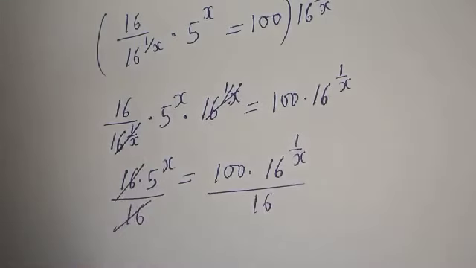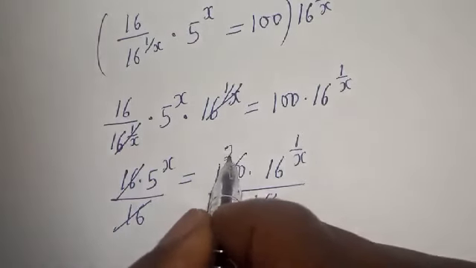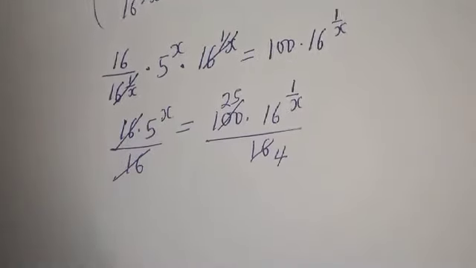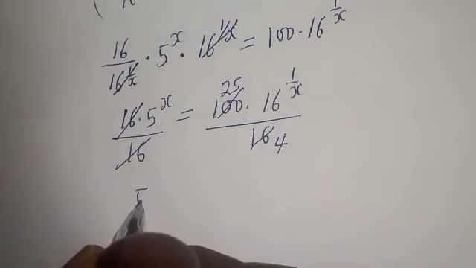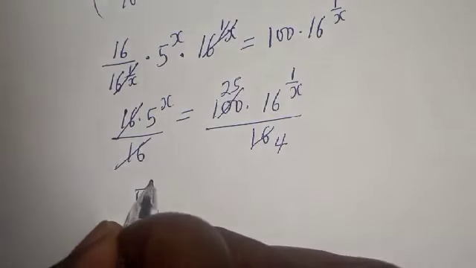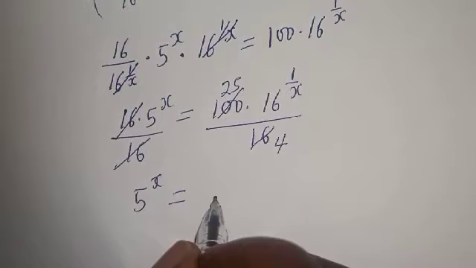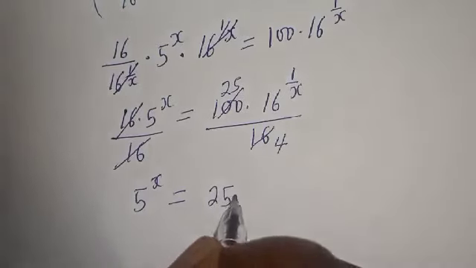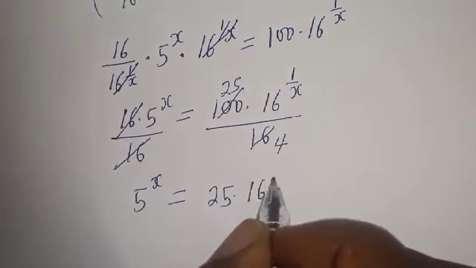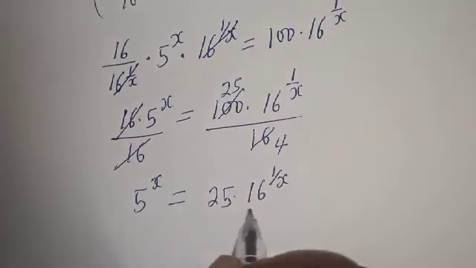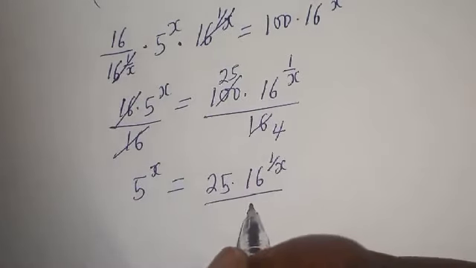This will cancel this. 4 here, 4, 4 here, 25. Then we have 5 raised to power x is equal to 25 multiplied by 16 raised to power 1 over x, divided by 4.